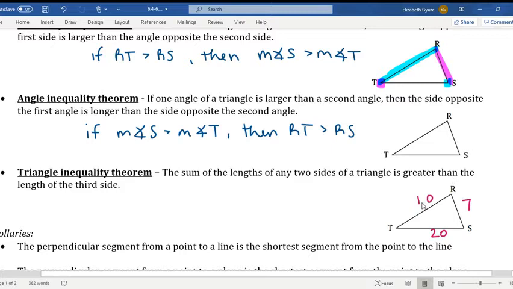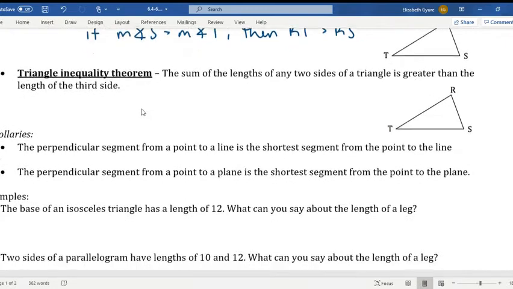Because if you take 7 plus 10, that's not greater than 20. Okay, so it has to meet that criteria. Are there any questions about those three theorems? Pretty straightforward.